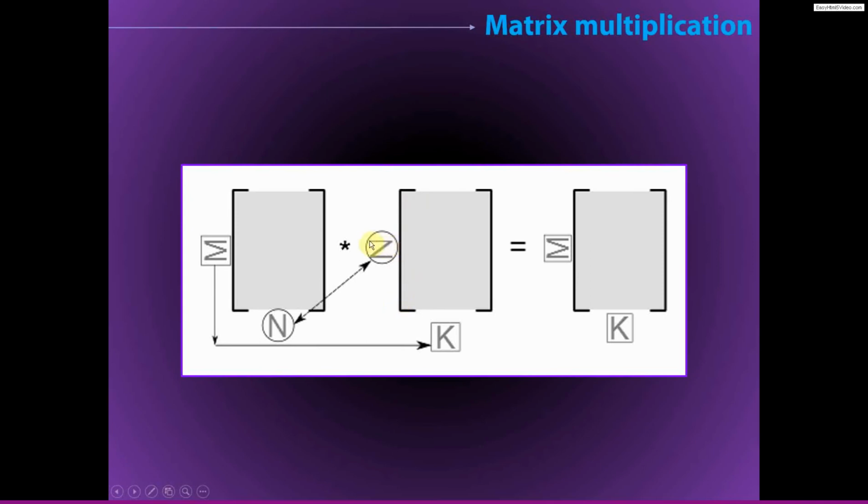And then the size of the resulting matrix is going to correspond to the outer dimensions. So here we have m by n and n by k. These are the two inner dimensions and they match. So matrix multiplication is defined here. And here the outer dimensions are m by k, and that defines the size of the new product matrix.